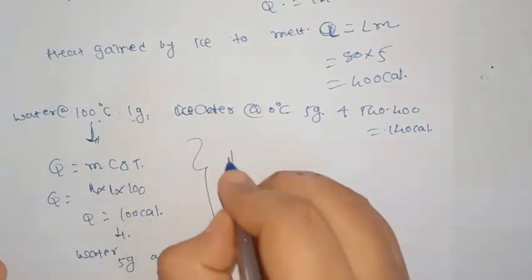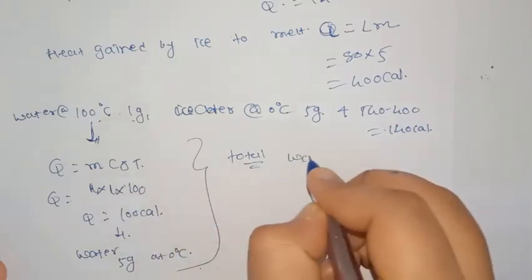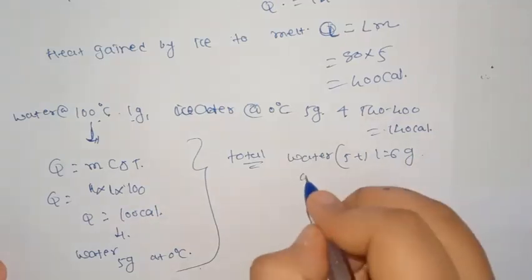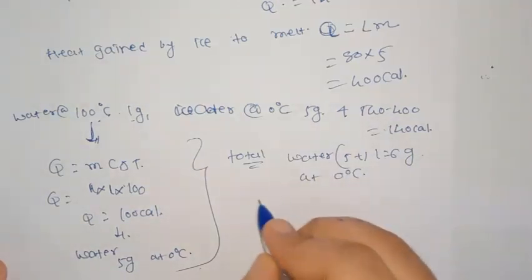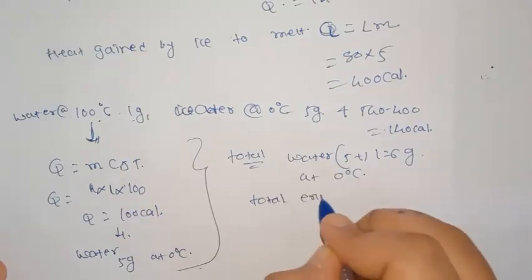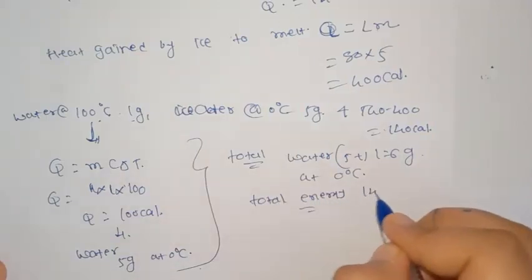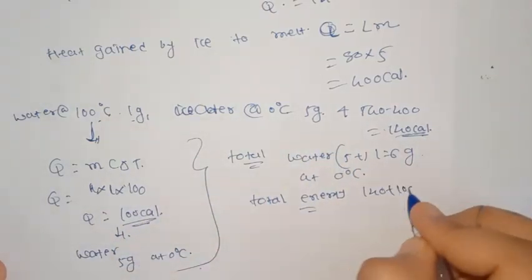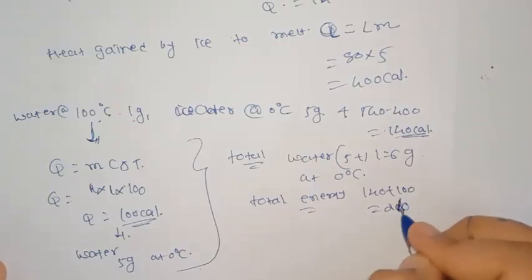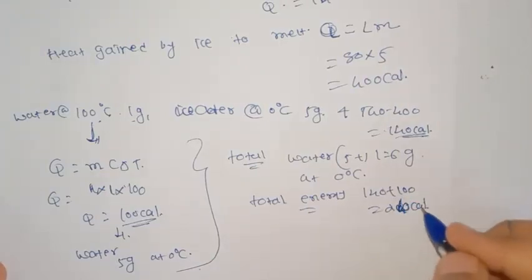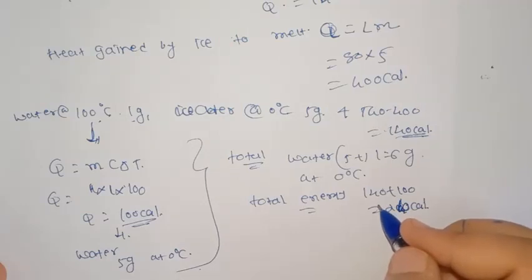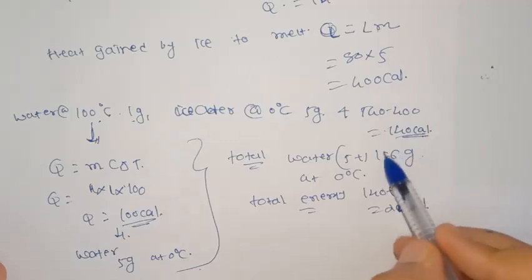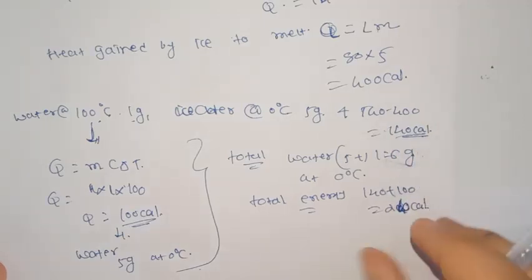So in total we have water 5 plus 1, that is equal to 6 gram at 0 degrees Celsius, and total energy 140 and this 100 calorie, that is equal to 240 calorie. This much amount of heat will be used to change the temperature of the total 6 gram object.